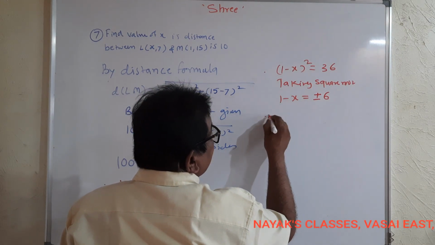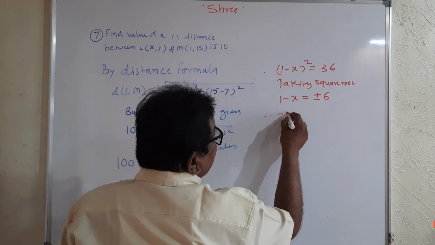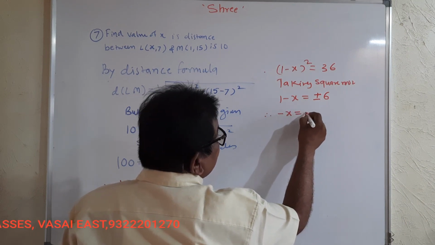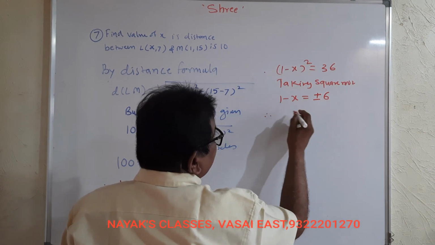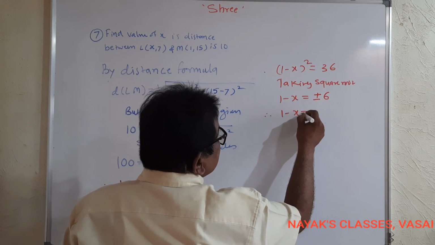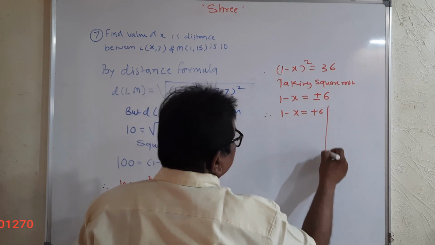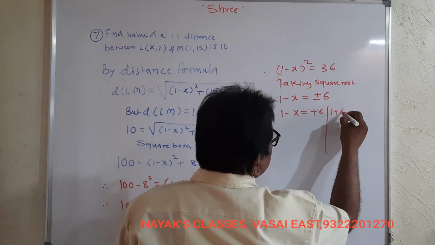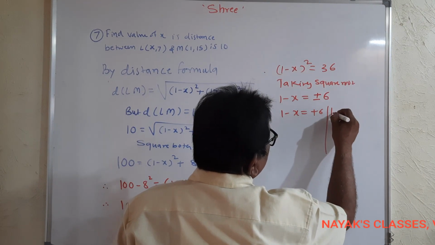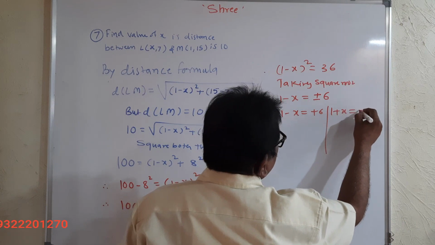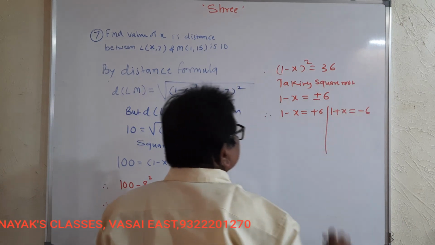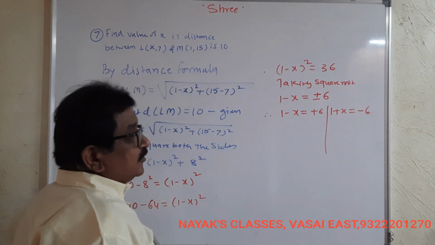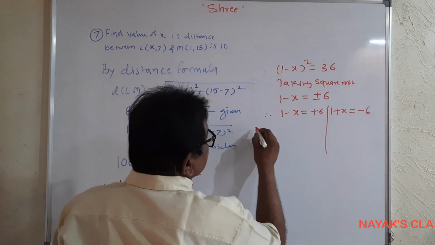So therefore, 1 minus x is equal to plus 6, or 1 plus x is equal to minus 6. You have studied this in quadratic equations.